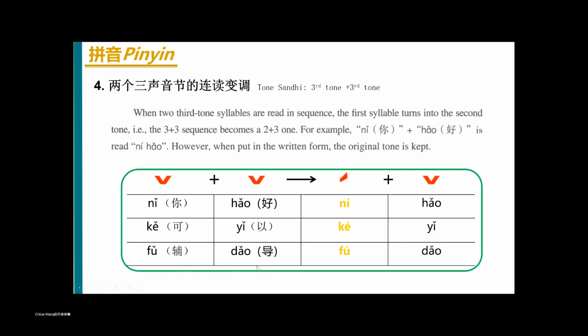But what I just read is the wrong version. What we read in the right version is fúdǎo. And compare between them: first this wrong one, fǔdǎo, and the right one now, fúdǎo.